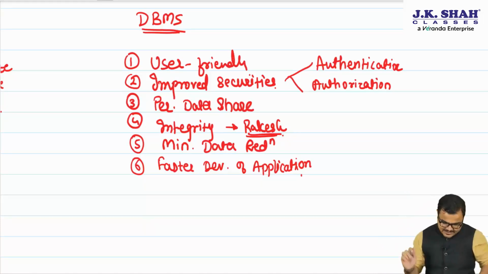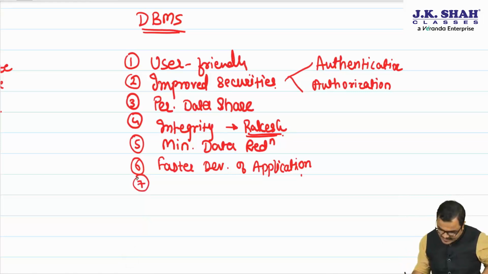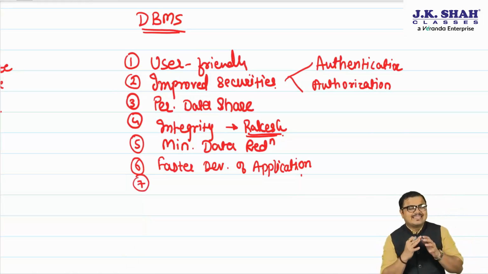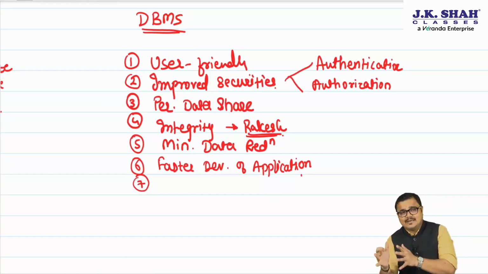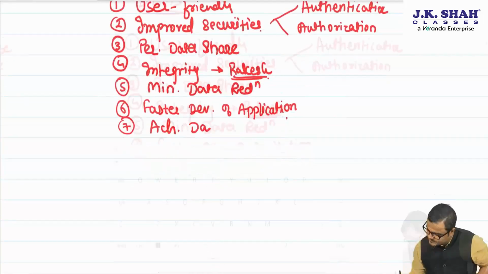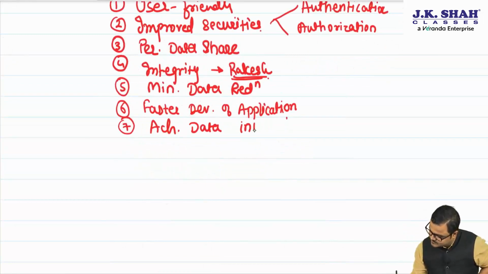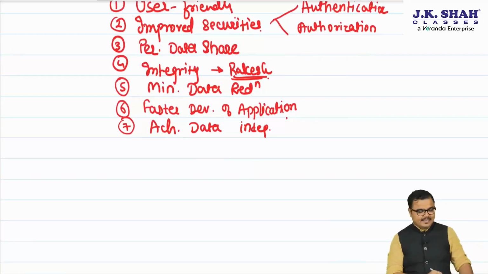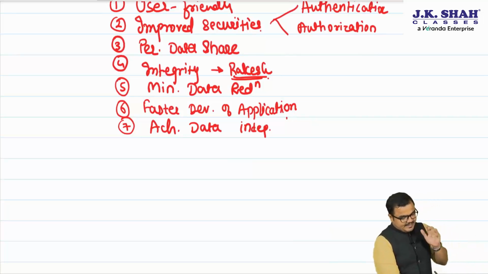And last but not least, a very important one which I would like to discuss with you: achieving data independence. What do you mean by data independence? Application is different and data is different.